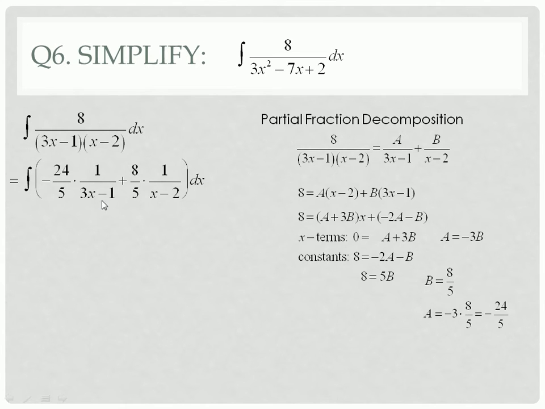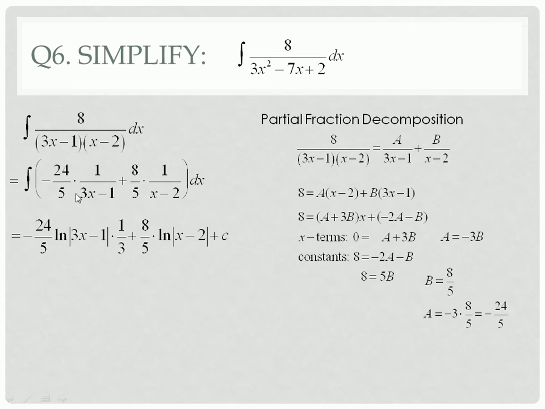When you integrate a fraction, you get back a log. So when I integrate 1 over 3x minus 1, I get the natural log of 3x minus 1 times 1/3. So again, if you need to, you can make a substitution and let u equal 3x minus 1. And then du is equal to 3 dx.